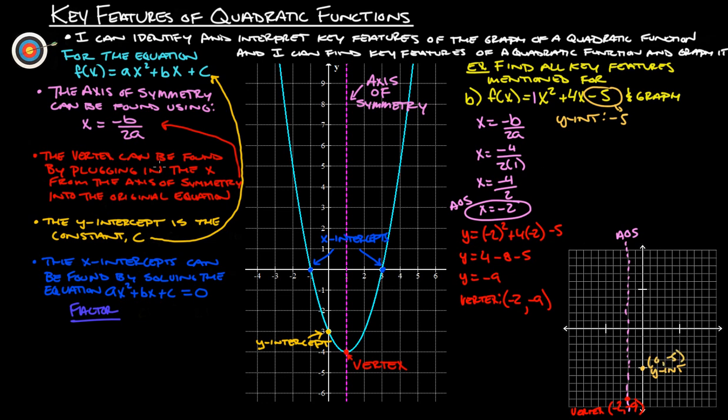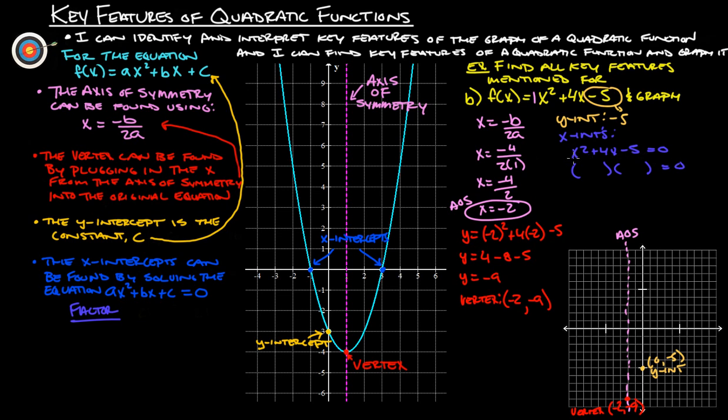Okay, and then let's see, last thing we have to find are the x-intercepts, right? The x-intercepts we find by setting our function here equal to 0 and basically factoring it. So we've got x squared plus 4x minus 5, set that equal to 0. So we're going to factor this thing out.